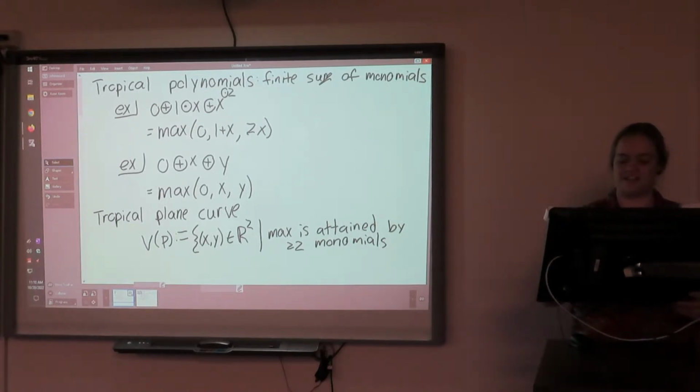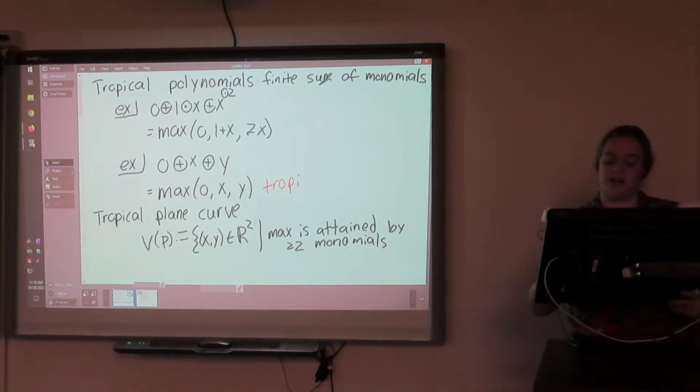Oh, I forgot to say, this has a name. This is the tropical line, the max of 0, x, and y.